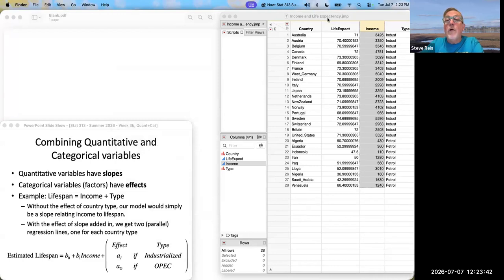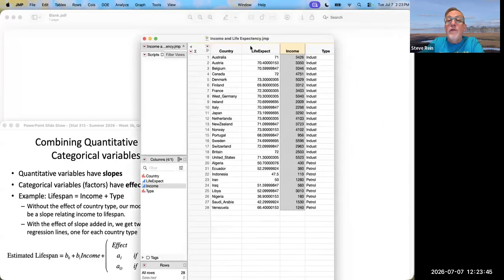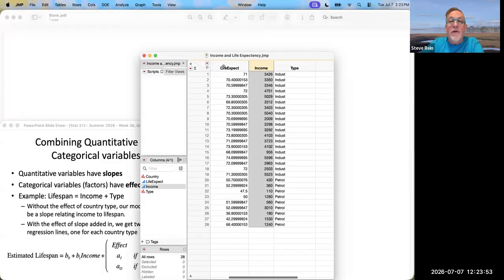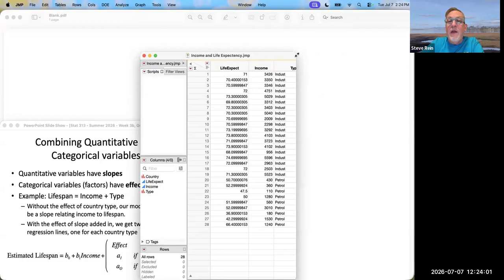And that's where we were at. Okay, so there's type of country, industrialized or OPEC. Secondarily, we have income, another variable, quantitative in this case. Life expectancy, quantitative response. Our response is always quantitative in its style.